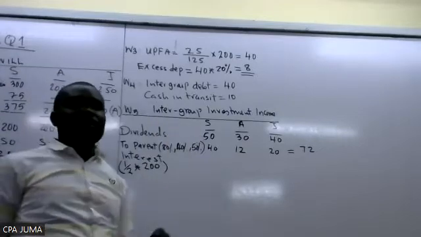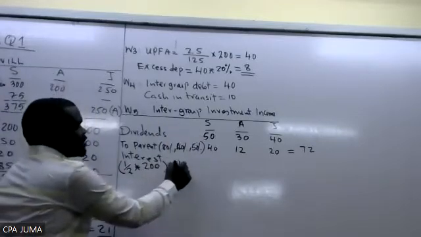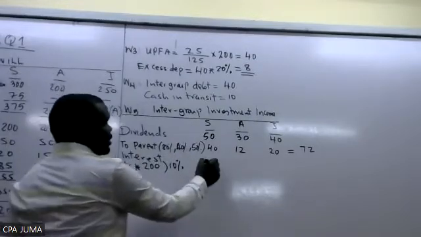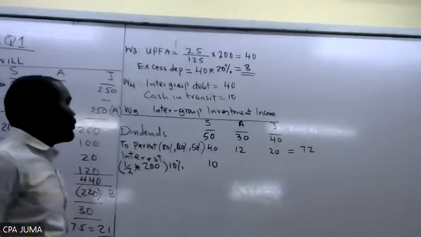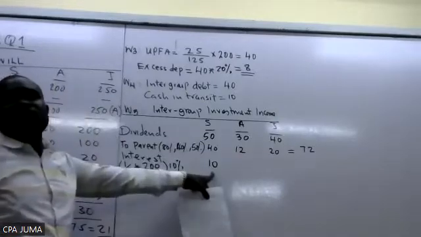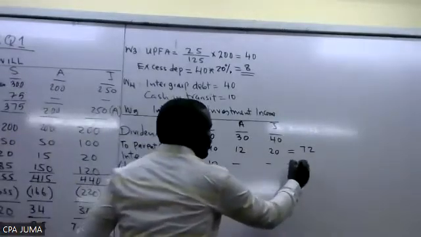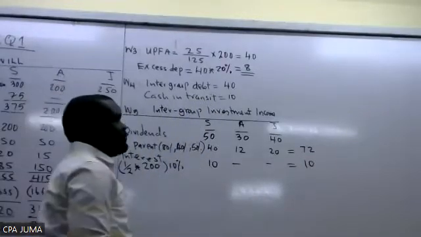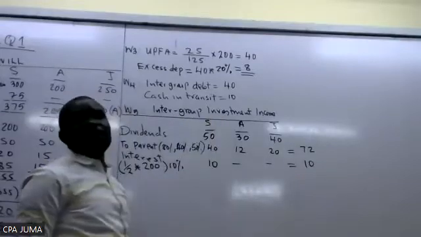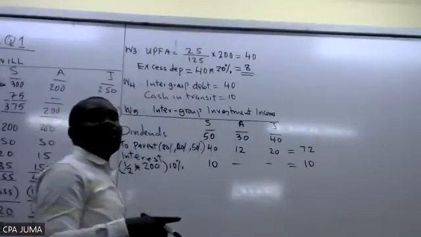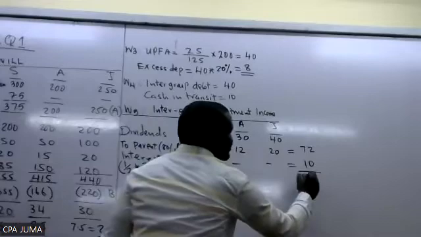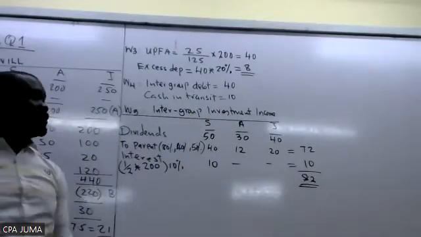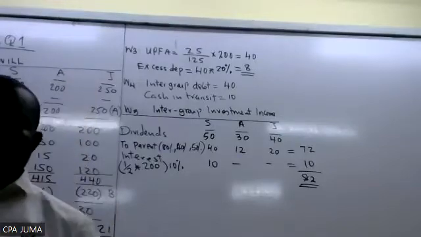Of that 100, they were receiving interest at what rate? 10%. So from S, parent got interest of 10. So intergroup interest is 10. Therefore, the total intergroup investment income, which came internally and should be eliminated, sums up to 82.